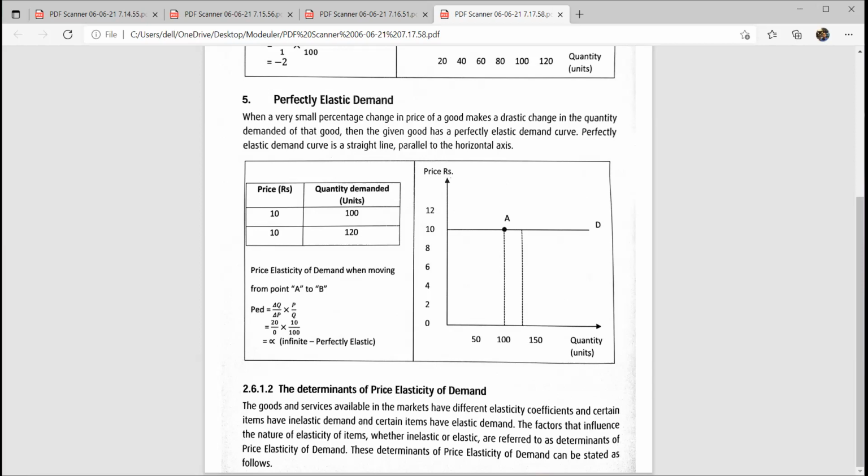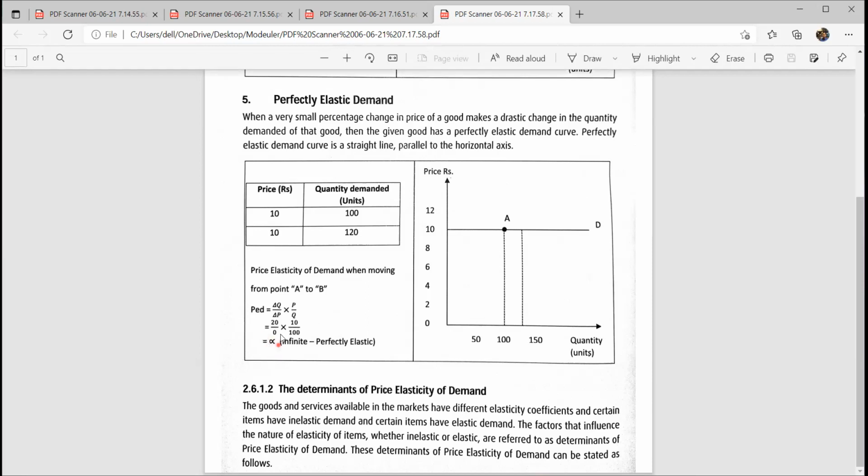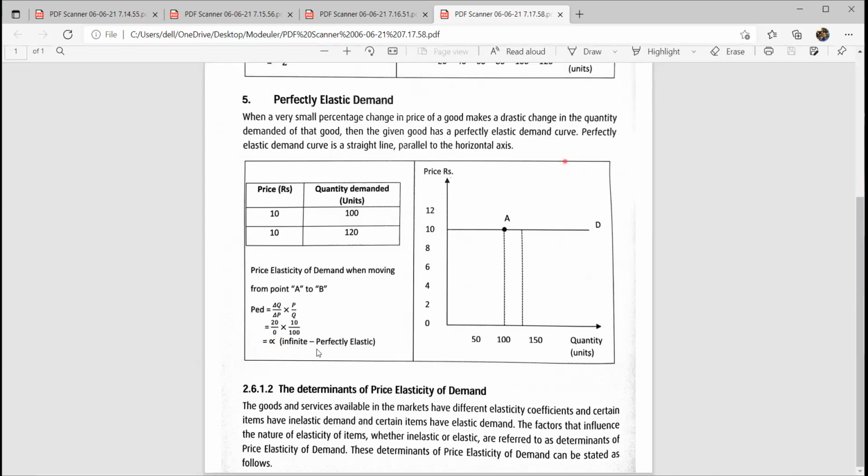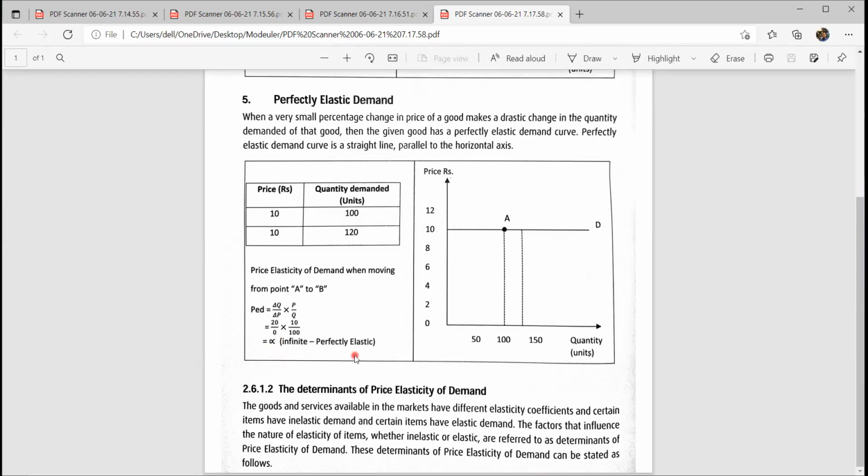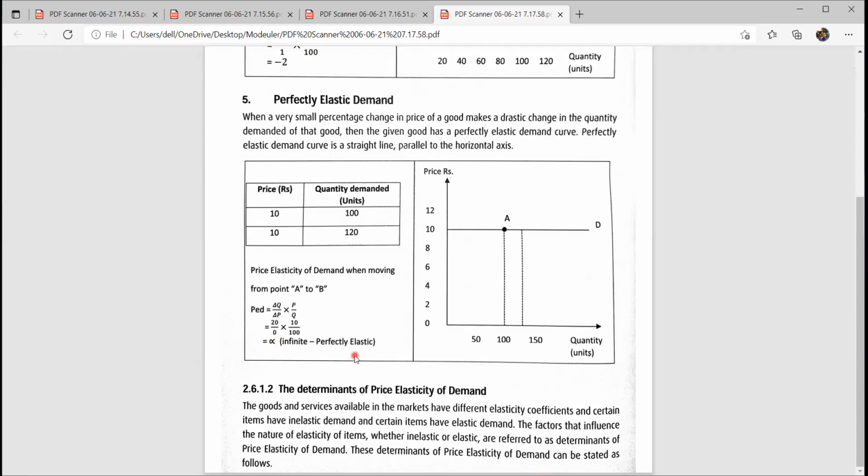In this case, price doesn't change, quantity demand changes, and therefore the demand curve is a horizontal, parallel, straight line. So the value of PED, this is the symbol to illustrate infinity, is perfectly elastic, infinite.